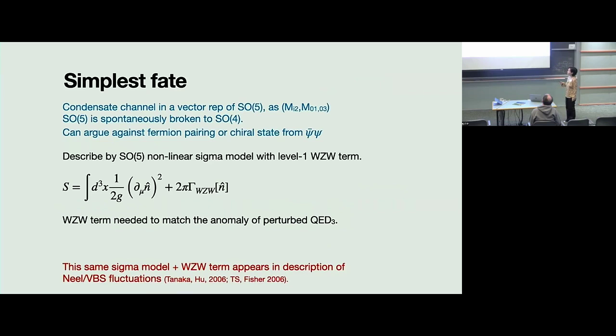And this symmetry broken state can be captured by a nonlinear sigma model at level 1 with a Wess-Zumino-Witten term, which maps the anomaly that we mentioned before. It's probably not surprising that this nonlinear sigma model also appears in the description that captures the Néel VBS fluctuations.